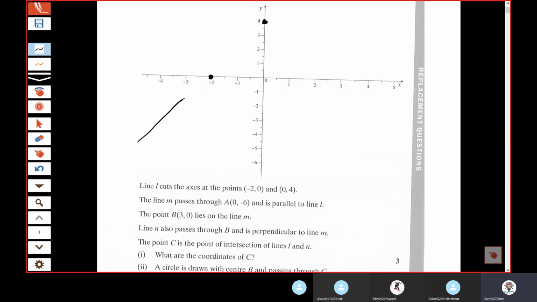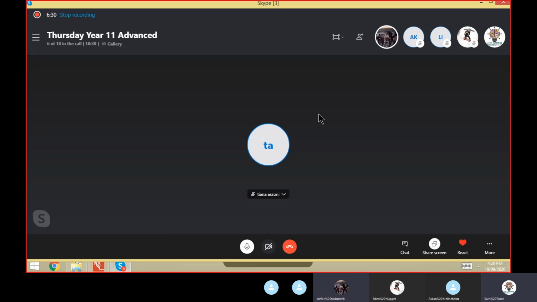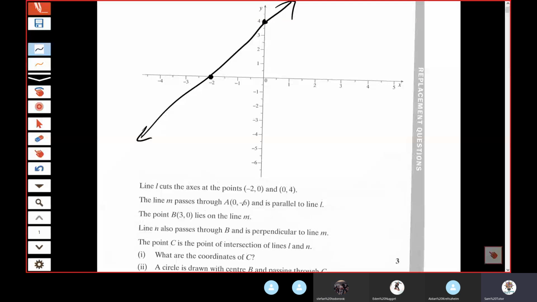So that's line L. Line M passes through 0, -6 and is parallel to this one. Something like that. The point B, which is 3, 0 right there, lies on the line M.